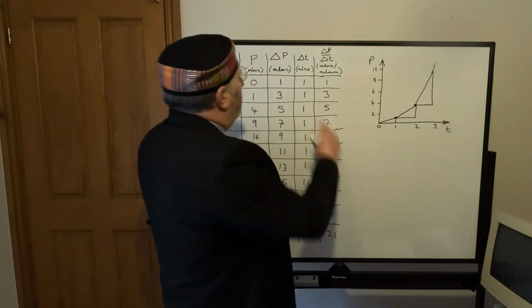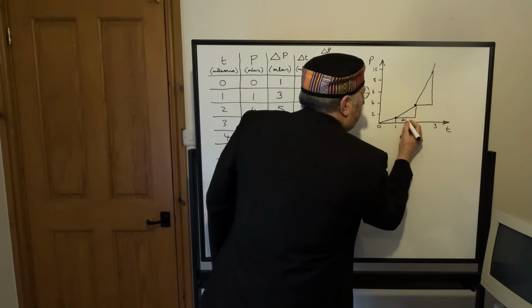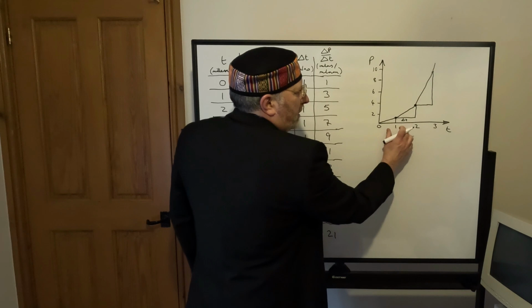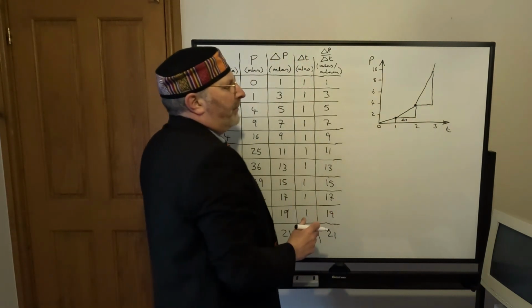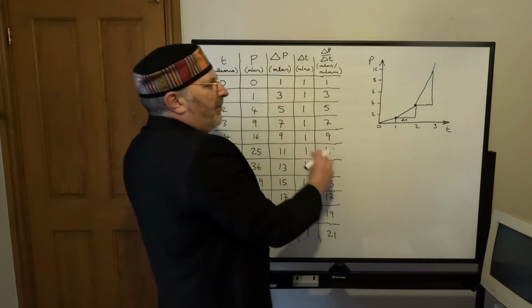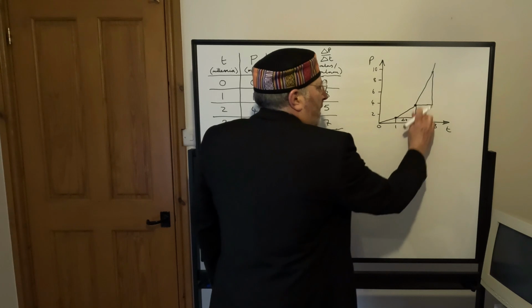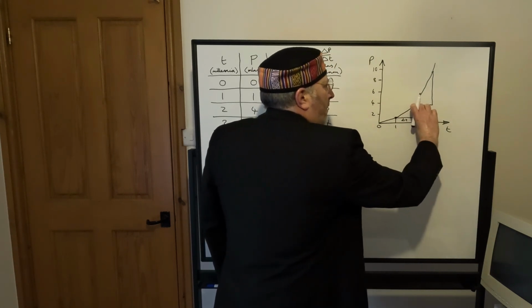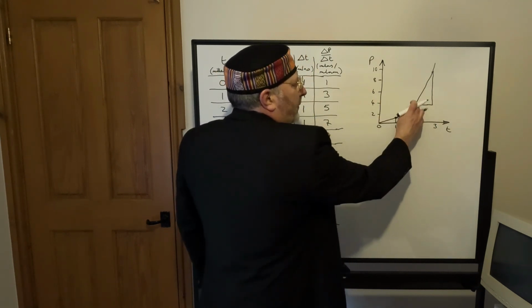And when we're talking about delta t, we're talking about this distance along here. Delta t is the change in the time. It's the time step. So that's delta t along there. And when we're talking about delta p, we're talking about the change in the population. So it's the increase in population going up here. It's this length here, the change from 1 to 4.